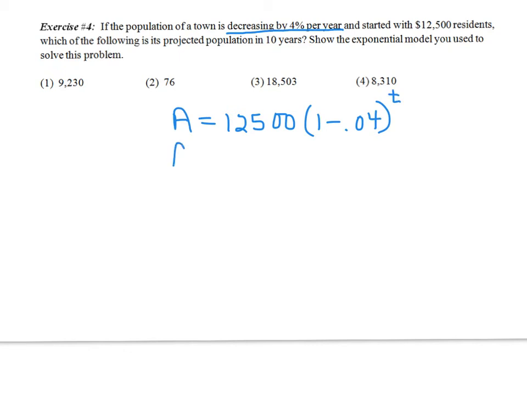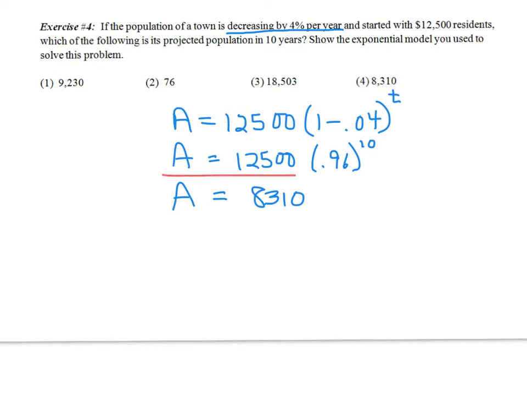So in this case, we're going to get that A is equal to 12,500 people multiplied by, my subtraction is going to give me 0.96, and I want to look at 10 years, so I'll raise it to the 10th power. When I put this into my calculator, I see that the number of people that I'm going to end up with is about 8,310.